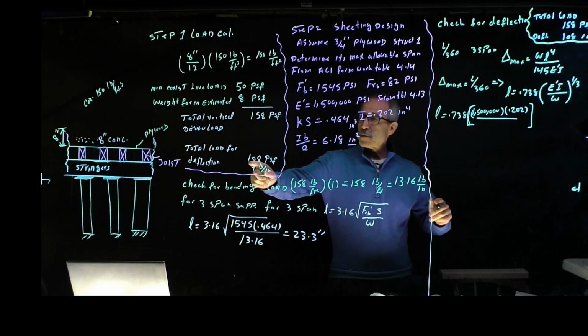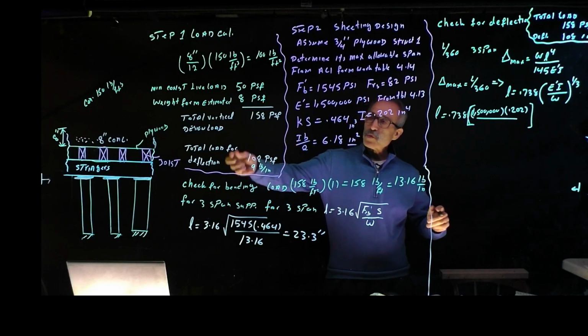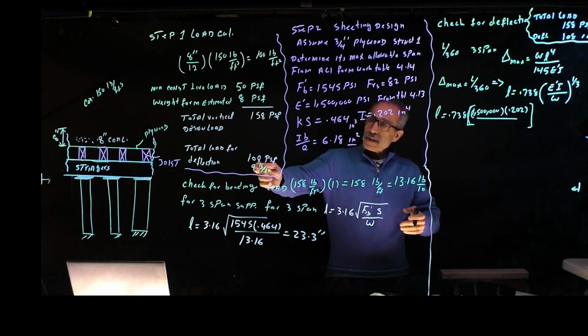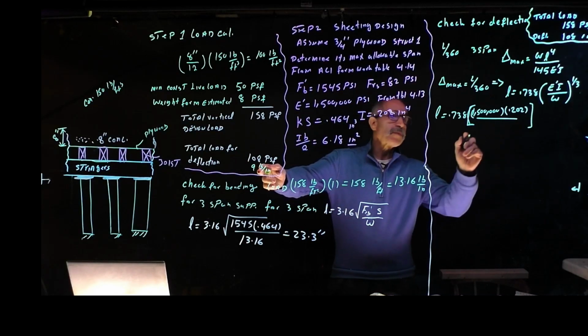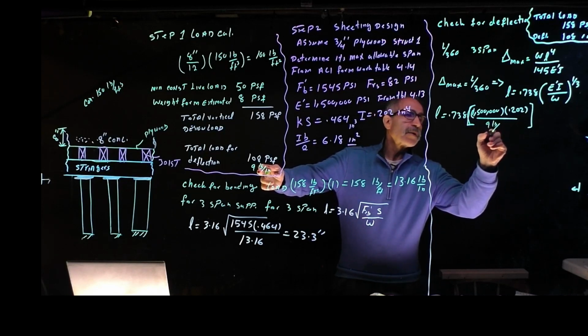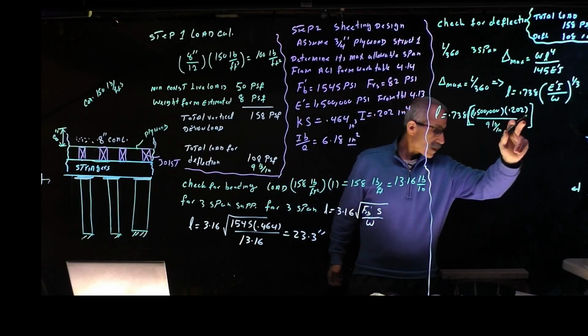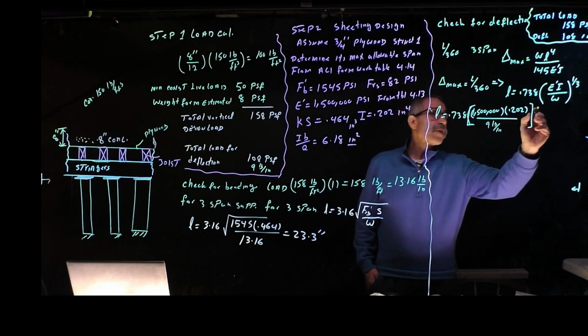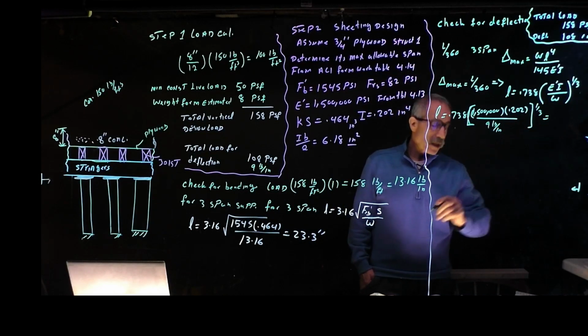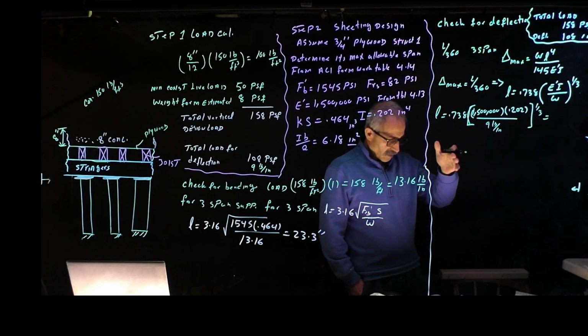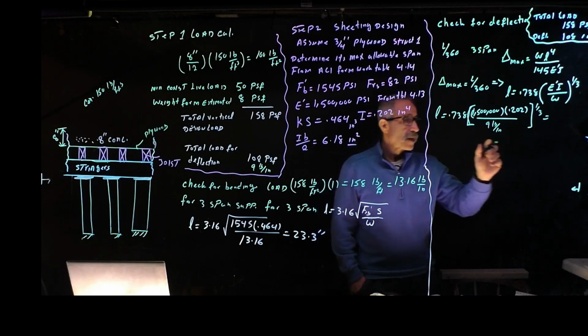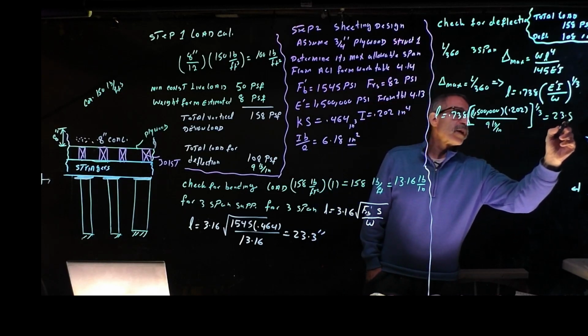The load is going to be 108 pounds per square foot multiplied by a 1 foot strip, converted to inches, becomes 9 pounds per inch. And this thing is to the power of 1/3, and my allowable span for deflection based on L over 360 comes out to 23.8 inches.